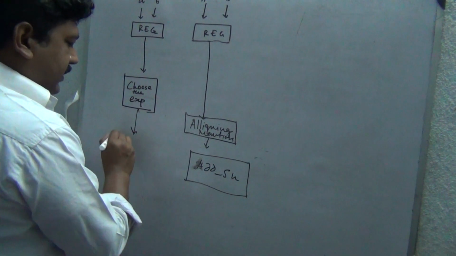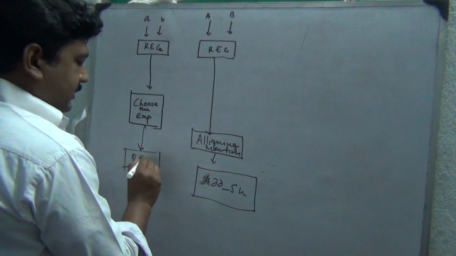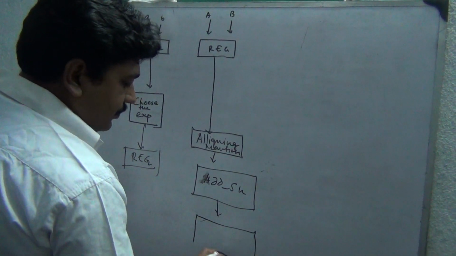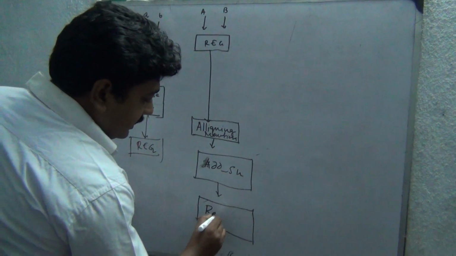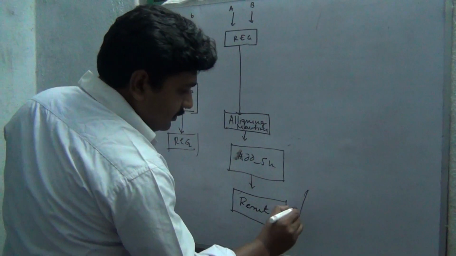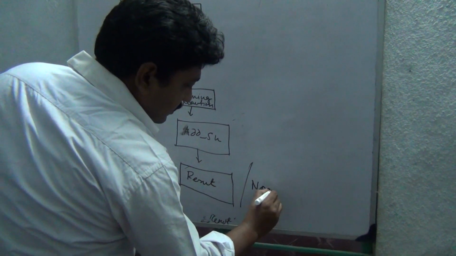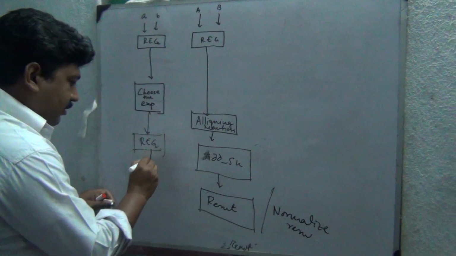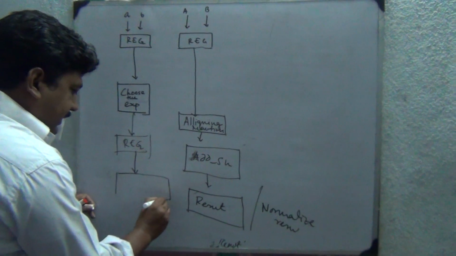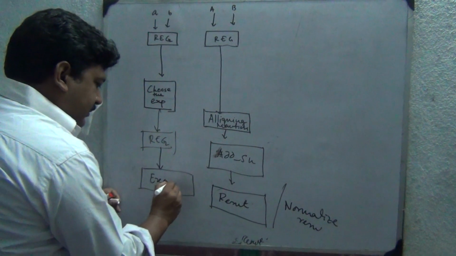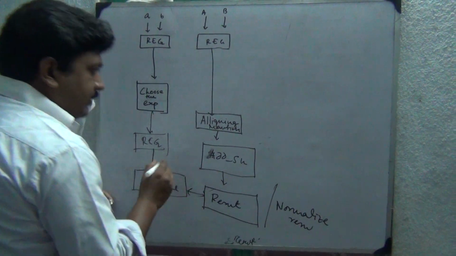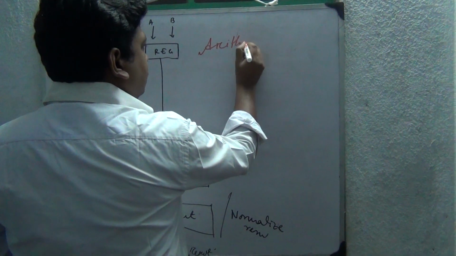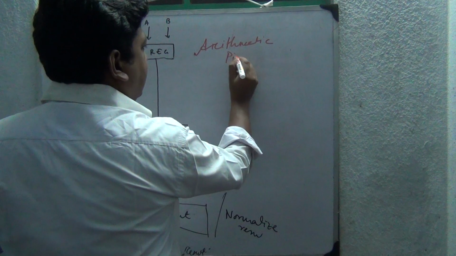In the meantime, the result is stored in the register. After addition or subtraction, we get the result that is called the normalized result, and with the normalized result we get the exponent. Those are interconnected, and here we get the arithmetic pipeline.